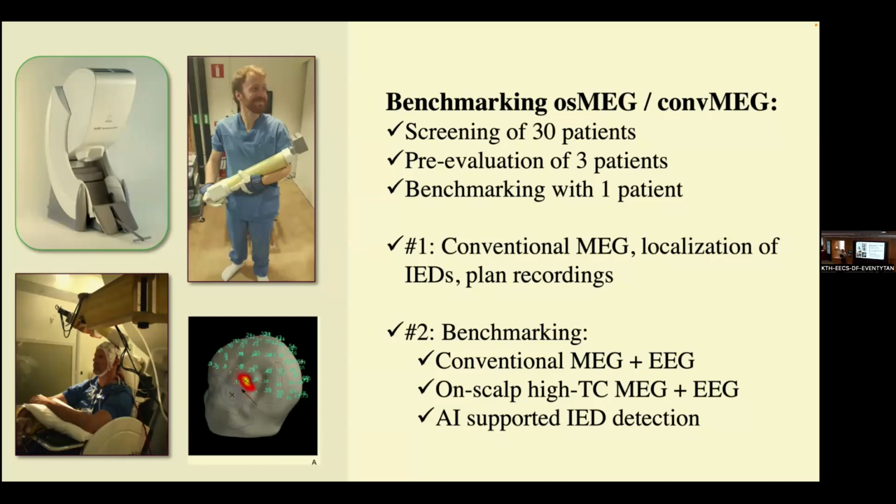The idea there was mainly that we had very limited coverage. So we do a conventional MEG, localize the source, and then project that onto the scalp. That helps us in a subsequent measurement to determine where we have to place our system. You can see here that the location was not ideal because one is kind of in the face of the person. So we went with only 1 location. We aimed here, and then did, on the same day, conventional MEG plus EEG and on-scalp MEG plus EEG.